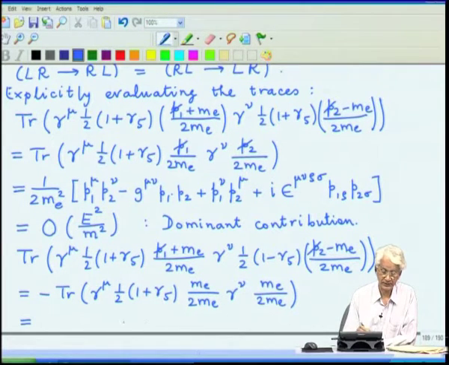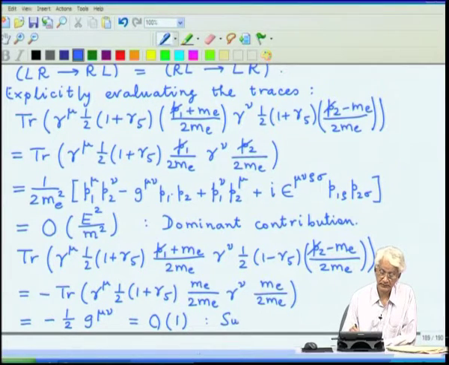So, the result is actually quite simple. It gives minus half g mu nu. In terms of magnitude, it is order 1, and this is subdominant.